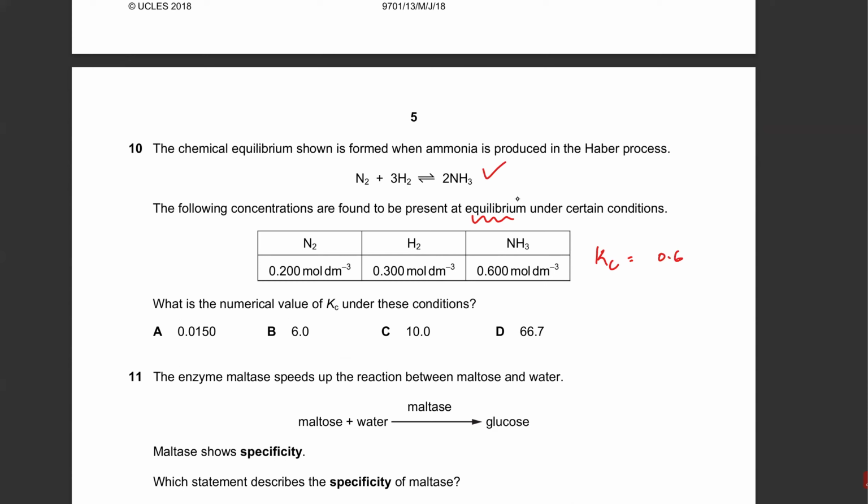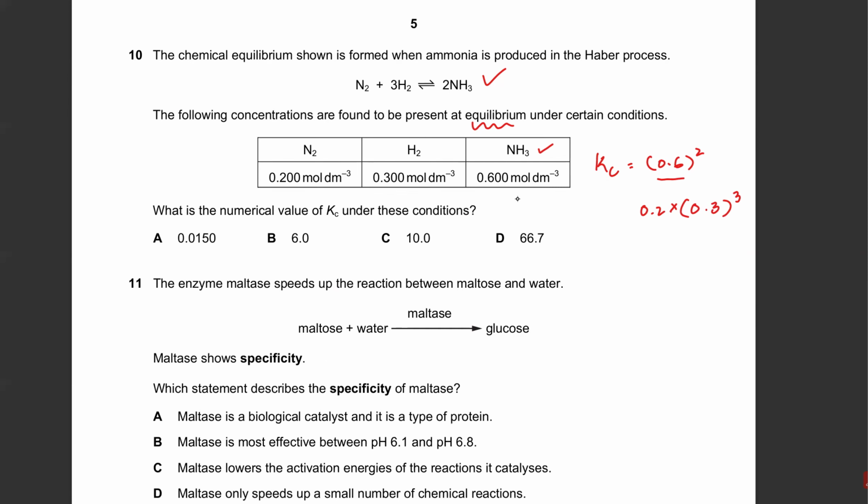So it's 0.6, that's your product, squared, divided by your reactant 0.2 times H2, which is 0.3 cubed. I got it as 66.7. Yeah, that's fine.